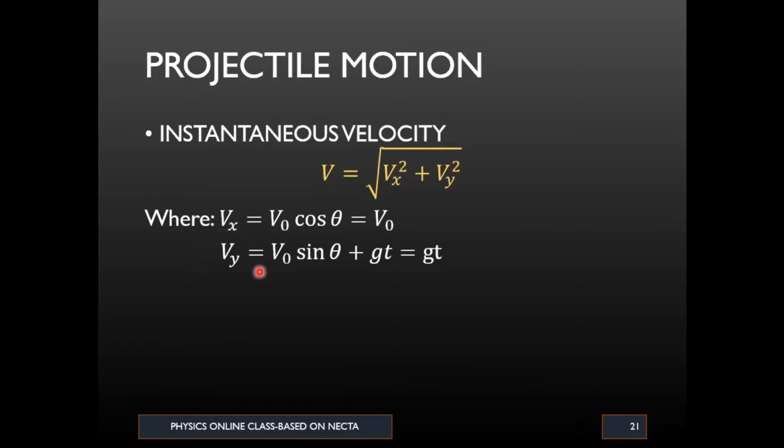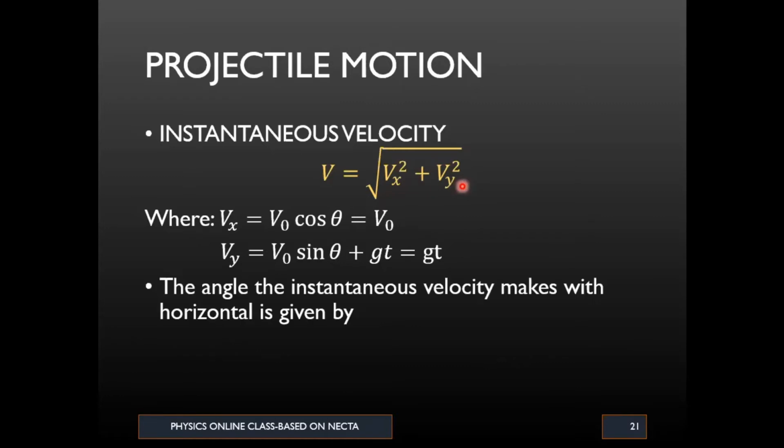And vy is equal to v naught sine of theta plus gt. Sine of theta means sine of 0, since the angle of projection in horizontal projectile motion is always 0. Sine of 0 is 0, times v naught is 0, so this term disappears. Therefore, vy will be equal to gt, to be substituted in vy square.